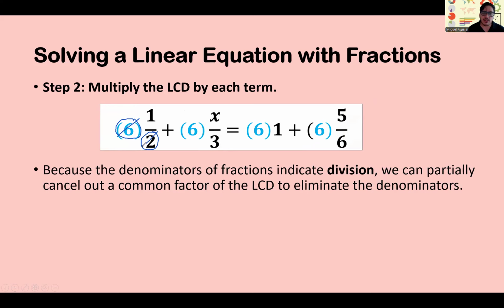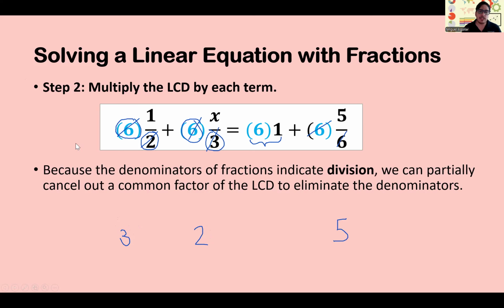Well, if I partially cancel that out, I'll end up with a 3. What is 6 divided by 3? I'll get a 2 here. And then there's nothing to cancel here because I didn't have a denominator. But then like we said when we worked this out on paper, 6 divided by 6 cancels out completely, so I should get a 5 down here.